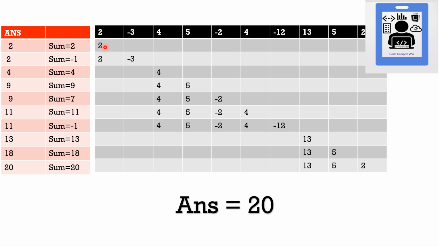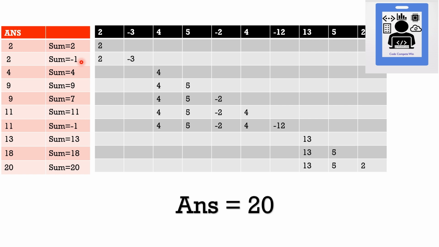Then we are going to take 2 as our sum. The previous sum is 0, so we add this 2 to our sum, then our sum becomes 2. Then we update our answer to the maximum of sum and answer, that is 2. Then take minus 3, so our sum is minus 1.